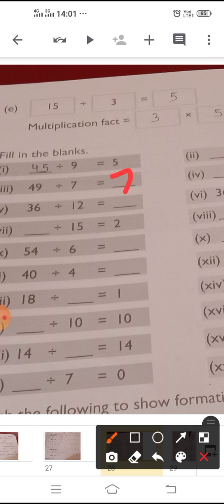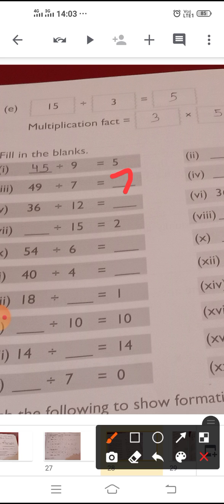Now we will do this part. 18 divided by dash will give you 1. So what number should it be divided by that will give you 1? You can guess. 18 divided by what will give you 1?